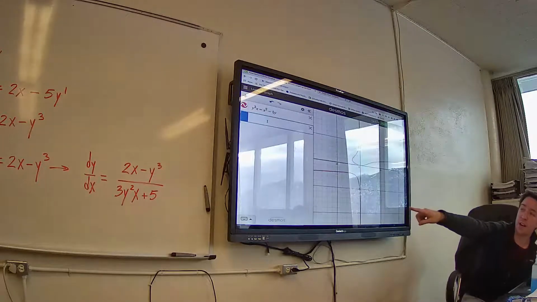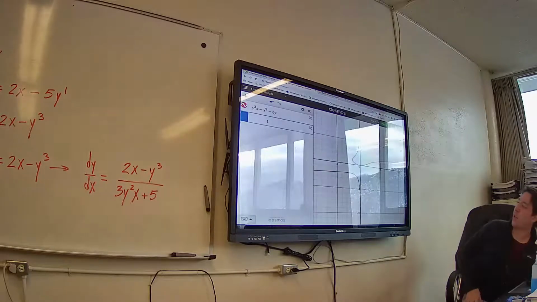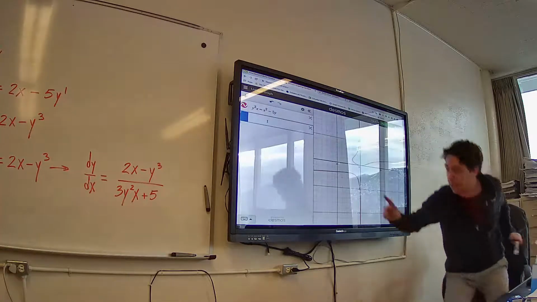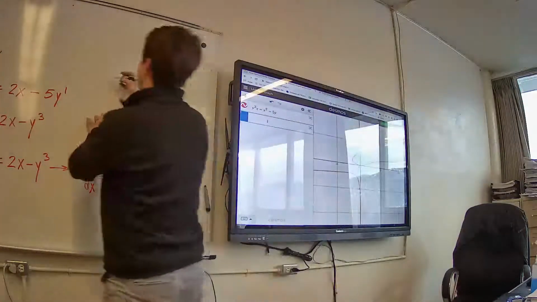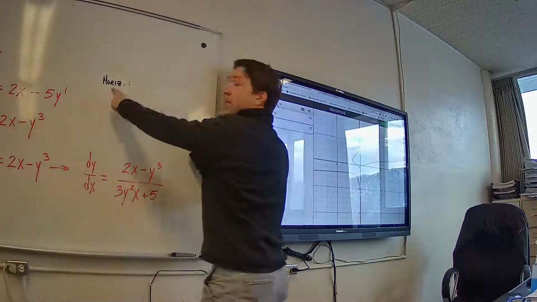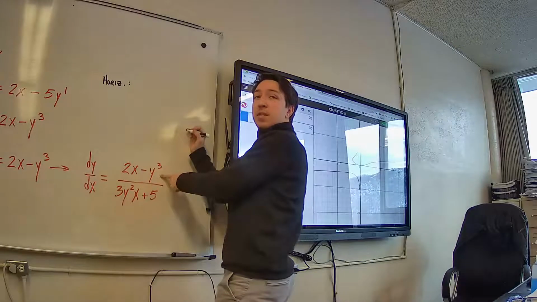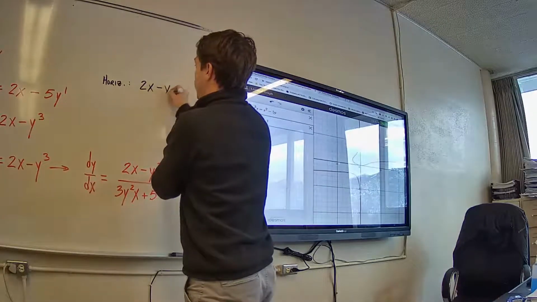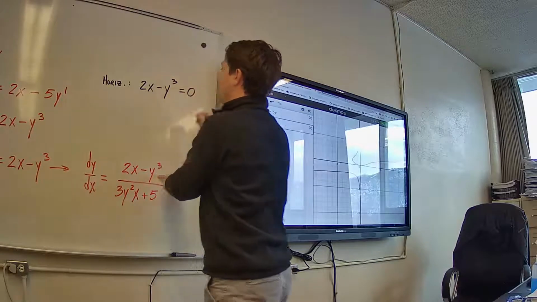Look at our final formula. Do you guys see why our final formula tells us that the only places where this could have a horizontal tangent line, if there was a horizontal tangent line, then this numerator would have to be 0, right? Which would mean that 2x minus y cubed would have to equal 0.